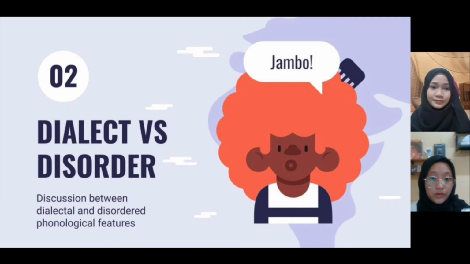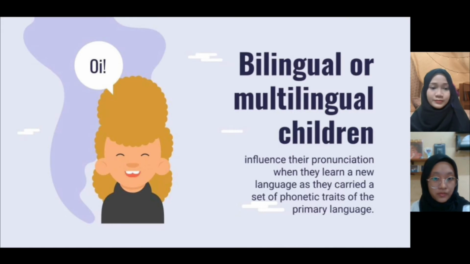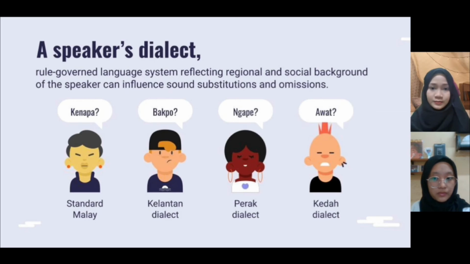Now, we will continue the presentation with the discussion between the dialectal and disordered phonological features. First of all, children who are bilingual or multilingual can be influenced in their pronunciation when they learn a new language, as they carry a set of phonetic traits of the primary language.